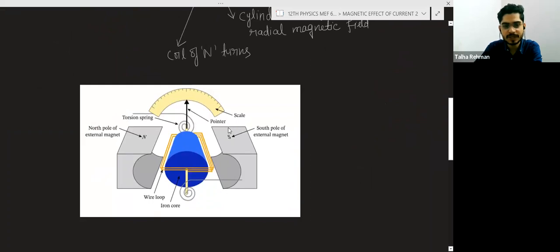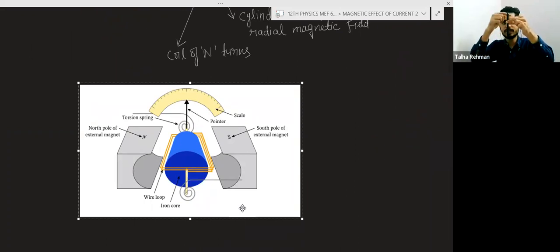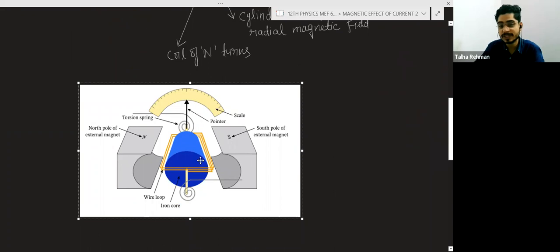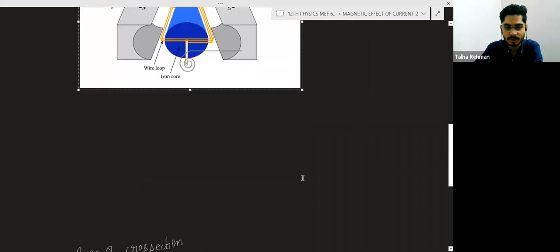No need to draw this thing; this is just for your understanding. You have to imagine that a cylinder is there, and on this cylinder there is a coil. The coil is wound of N turns, and the magnetic field is passing through this coil. Due to the magnetic field, there will be a torque on the coil. Remember one point also, there is a current in this coil, because a current carrying coil in a magnetic field experiences a torque.